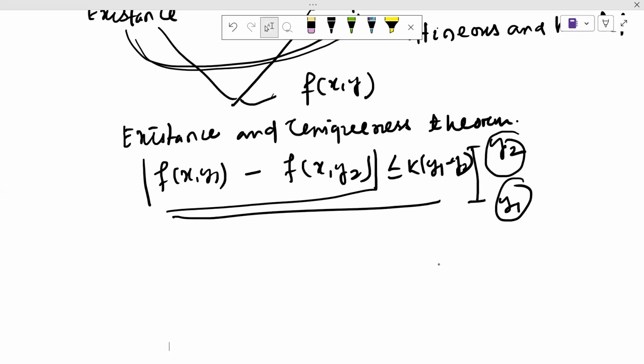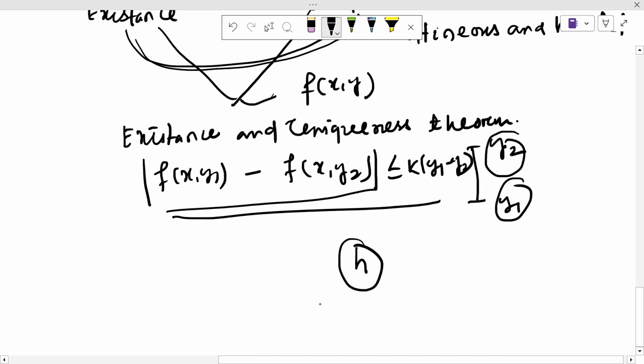Okay. So after these are satisfied, for the existence and uniqueness of the solution, your objective is to find the value of h. How to find h? That is the minimum value of a comma b by M, not a.